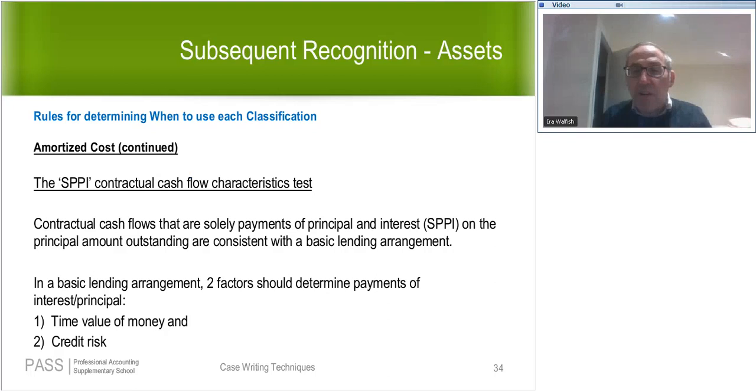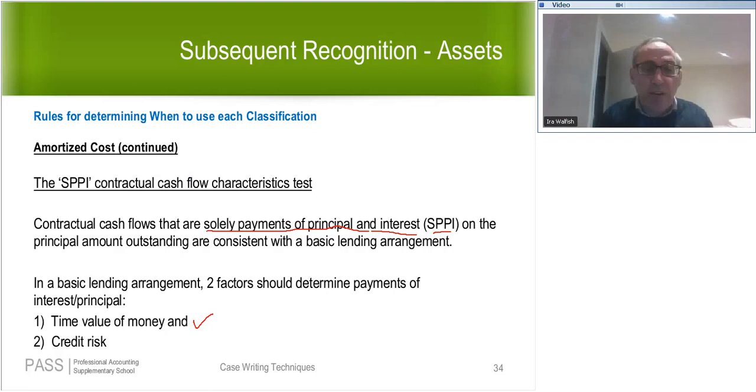It means you're dealing with your basic lending arrangement where your interest and principal is simply based on two factors. The time value of money: I'm getting interest because I'm lending you money now and you're going to be paying me back a number of years from now. So my interest reflects the time value of money, right? Money is worth more today than it will be if I receive it in 5 years. So you therefore have to compensate me by paying me interest.